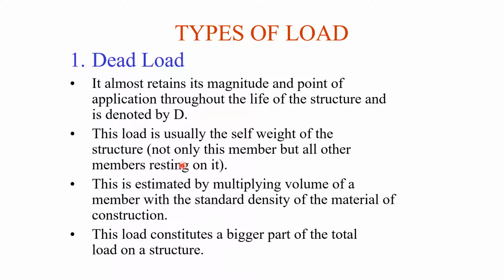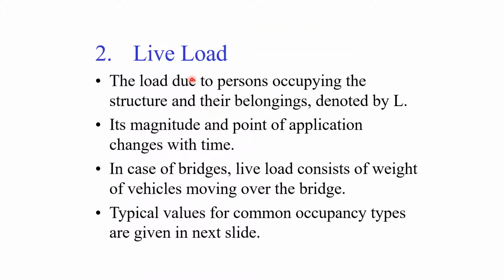For example, in a column, the load resting on the column, like slab load and beam load, will act as dead load, denoted as D. This is estimated by multiplying the volume of the member with the standard density of the material, and you will get the total weight of that material. Dead load constitutes a bigger part of the total load on the structure, meaning dead load has a major contribution to the structure.